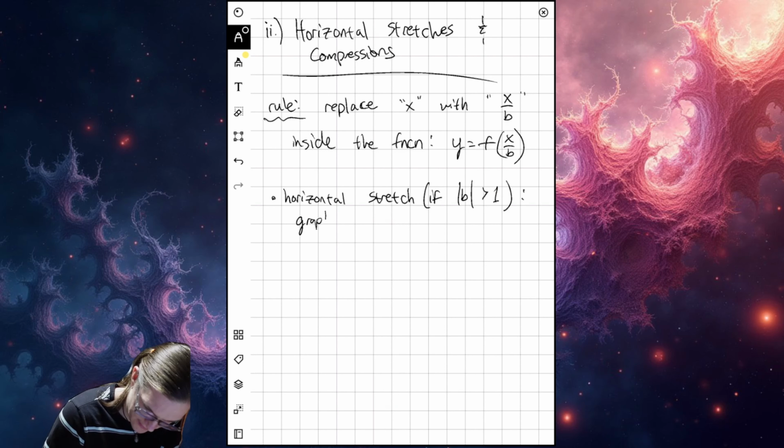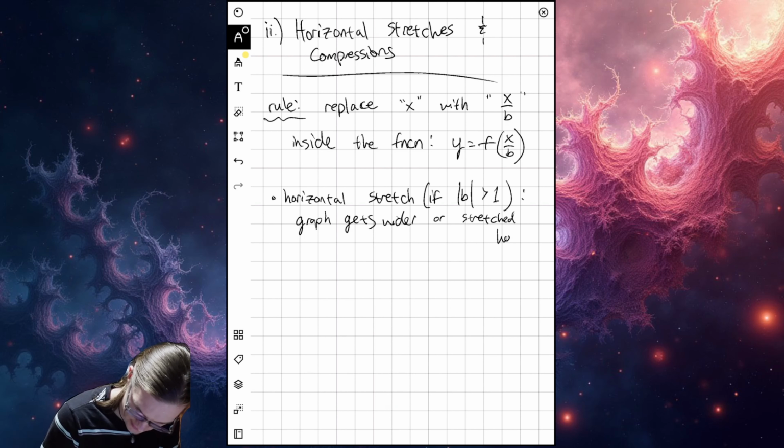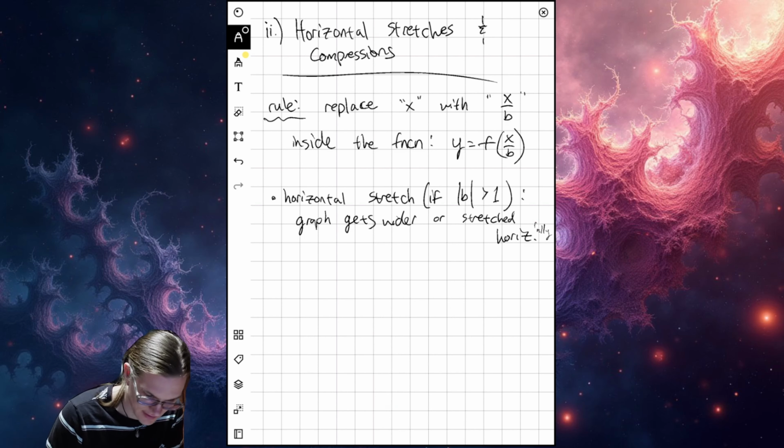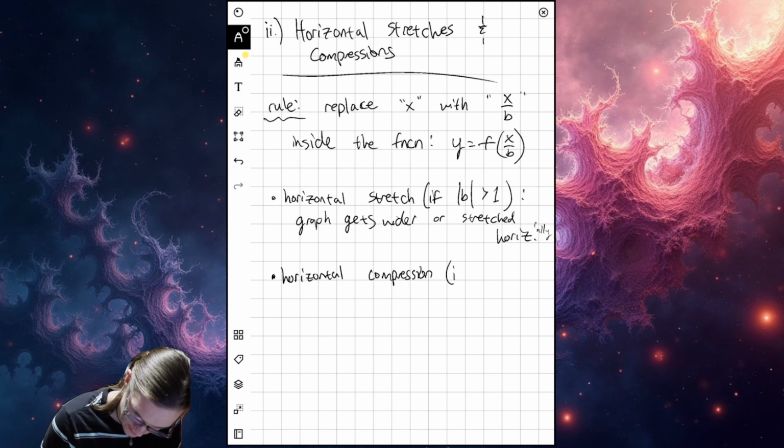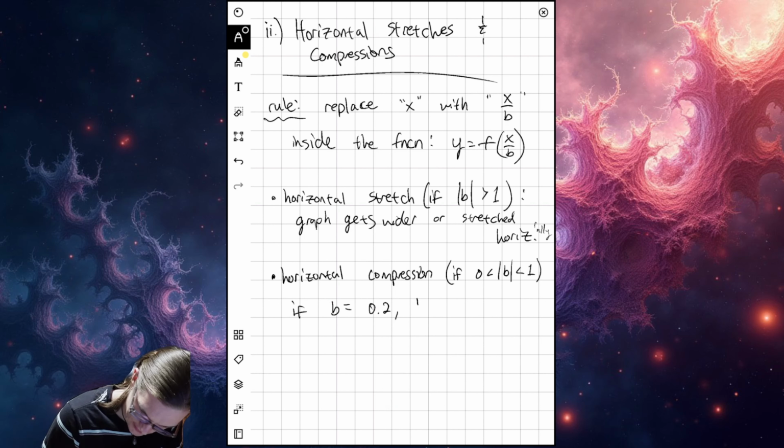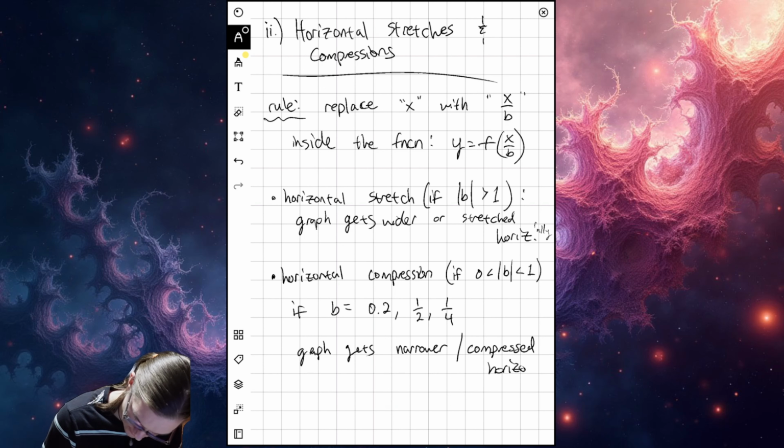The graph gets wider or stretched horizontally, right? And then horizontal compression will be if b is between 0 and 1, right? So if b equals 0.2, 1/2, 1/4, whatever, the graph gets narrower or compressed horizontally.